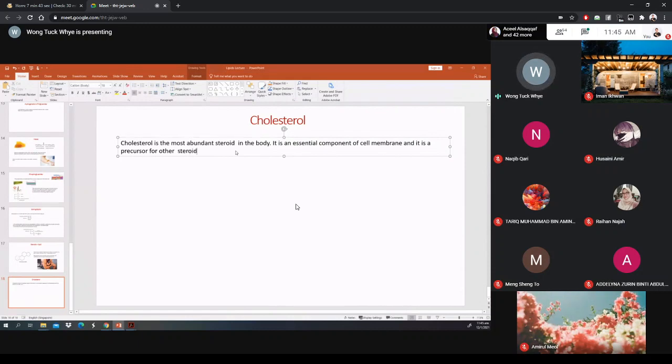Okay, so you need cholesterol to synthesize steroids. So like the one that answered me in the chat box there: hormones, vitamin D, and the adrenocorticoid hormone. Okay.